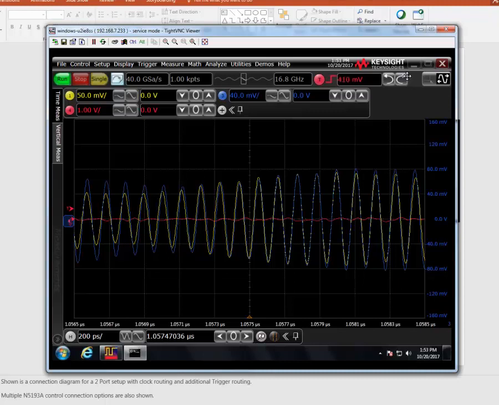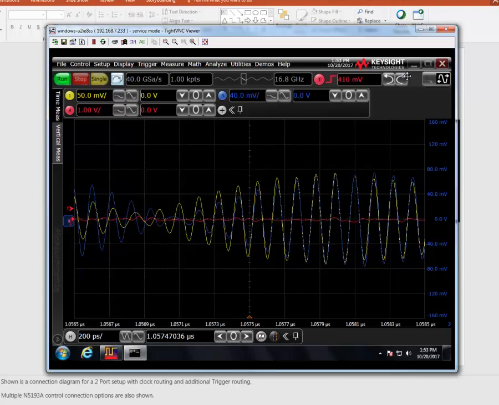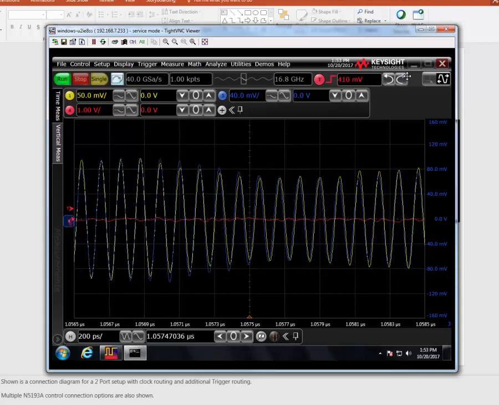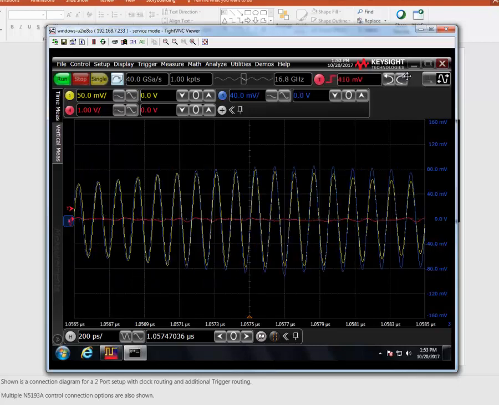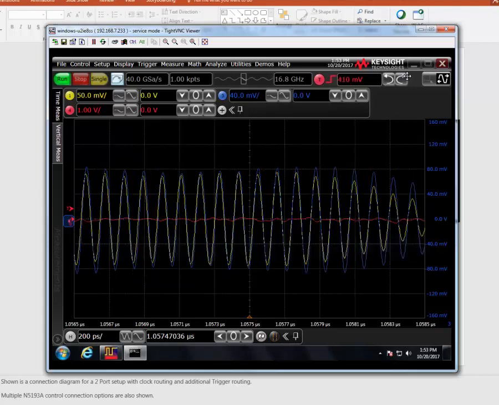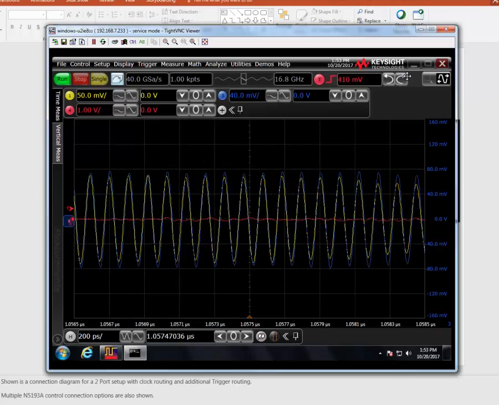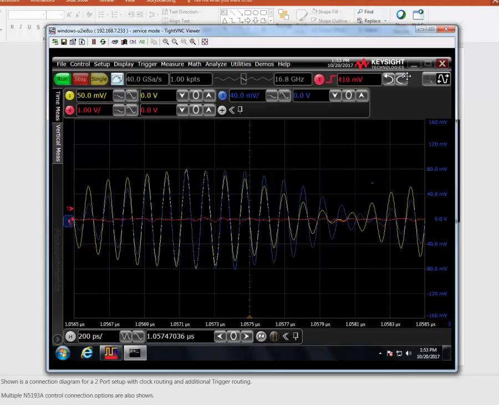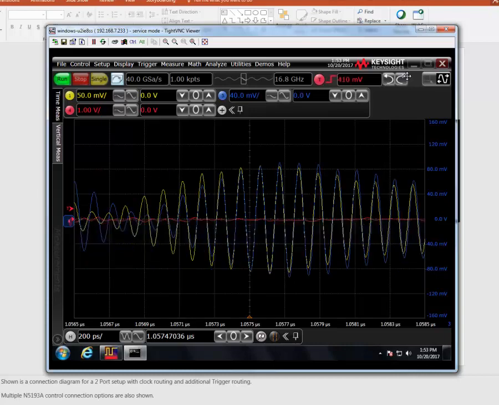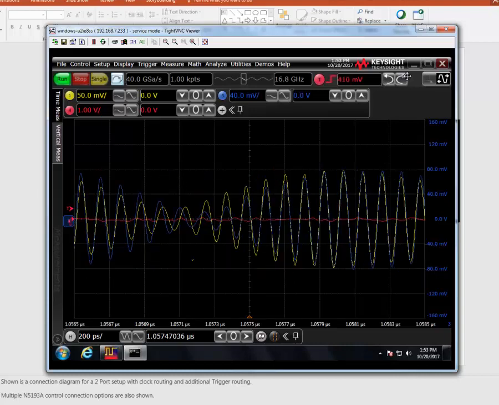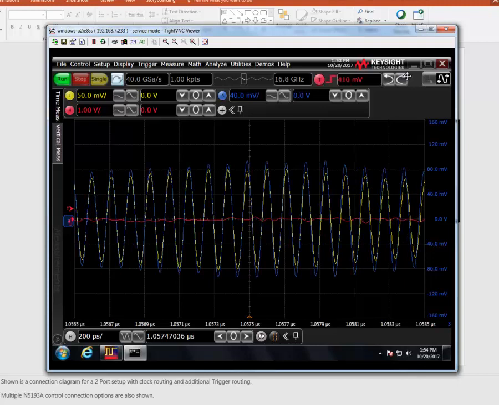So you can see that on this screen here, and I've basically created a dual QPSK signal. Essentially the same signals are coming out of both ports of the two individual vector sources, and I've got things pretty well phase aligned, so you can see that as I trigger this signal over and over again repetitively, the phase of the sinusoids are effectively lining up.